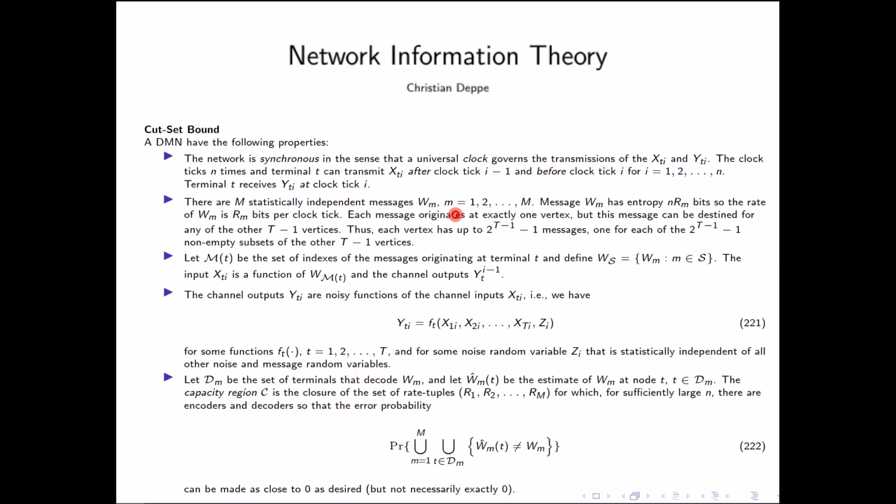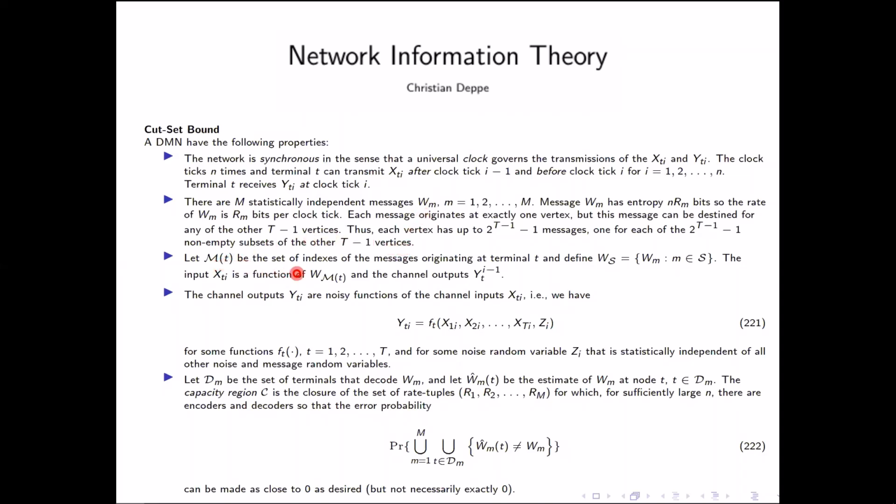That's also true for our interference channel. And of course, also for the other channels, though there we don't need a clock because only one terminal is really sending. It's also important that the messages are statistically independent. So there are m statistically independent messages, each message WM.